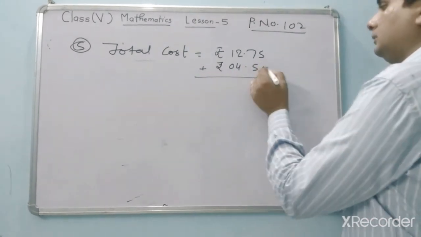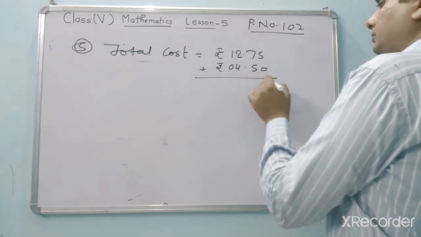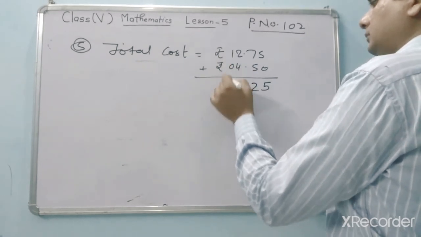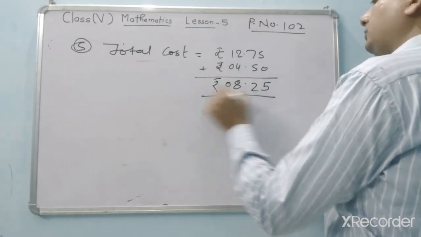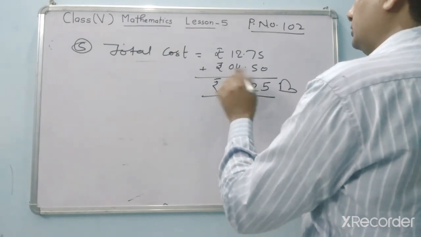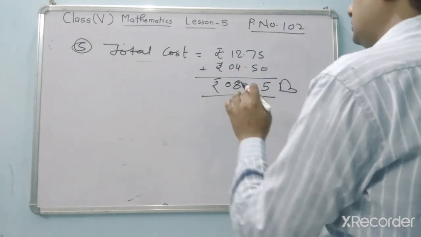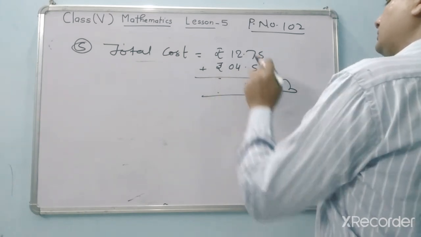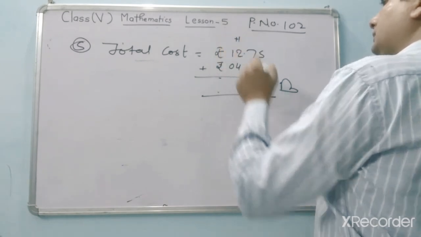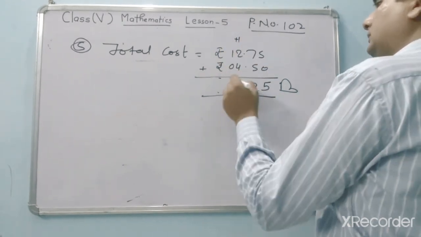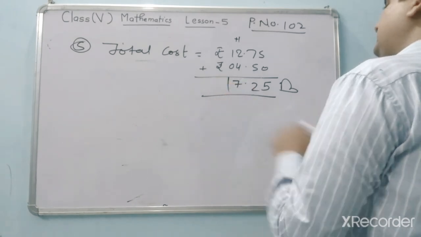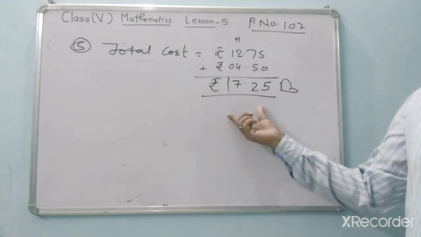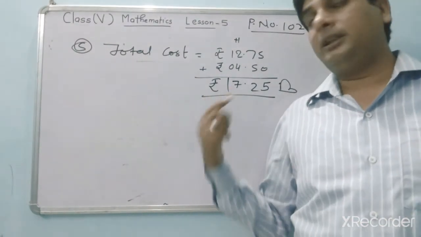So what will be? 5 plus 0, 5. 5, 12, 1 carry. So 4 plus 2, 6 plus 1, 7. Here 17.25. Okay. So this is the total cost of the items which they are purchasing.